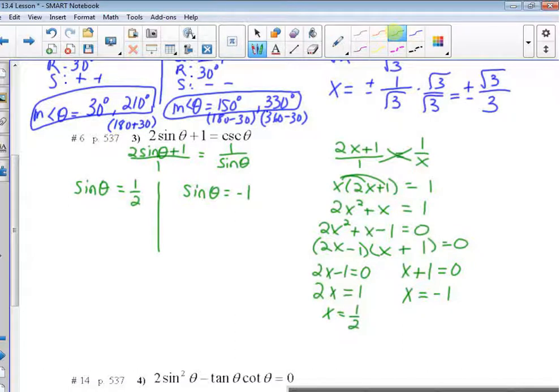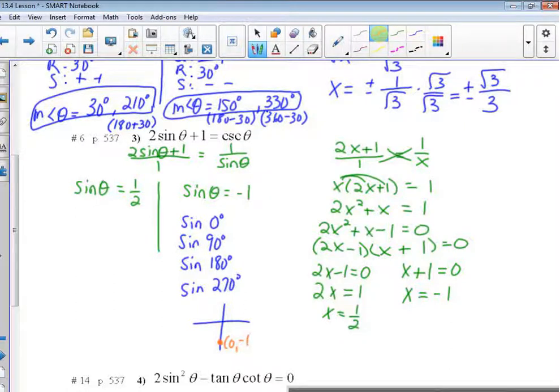So if you go to your calculator and you type in second sine of negative 1, it gives you negative 90. The answers are supposed to be from 0 to 360. So this is one of those quadrantals. So you should be checking all the way around that unit circle. The sine of 0, the sine of 90, the sine of 180, the sine of 270. Or on that unit circle, you should be looking for where the y-coordinate is negative 1.